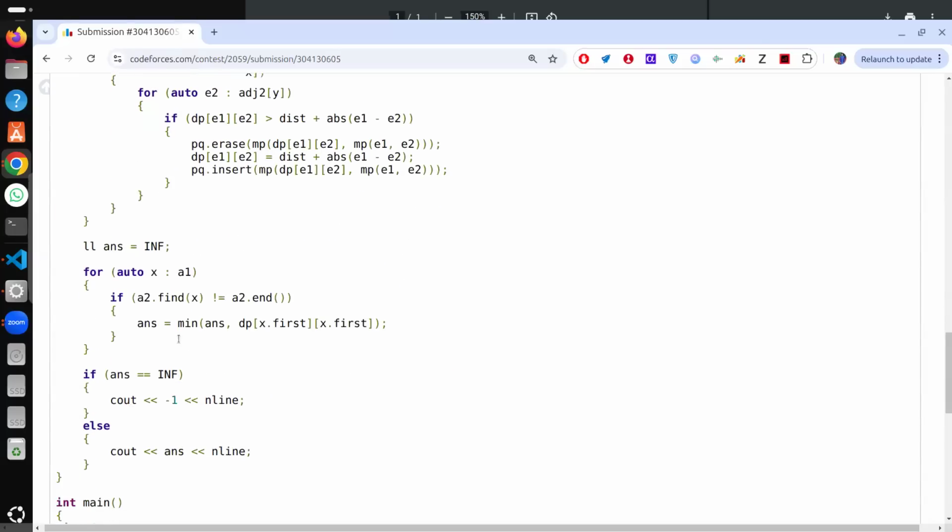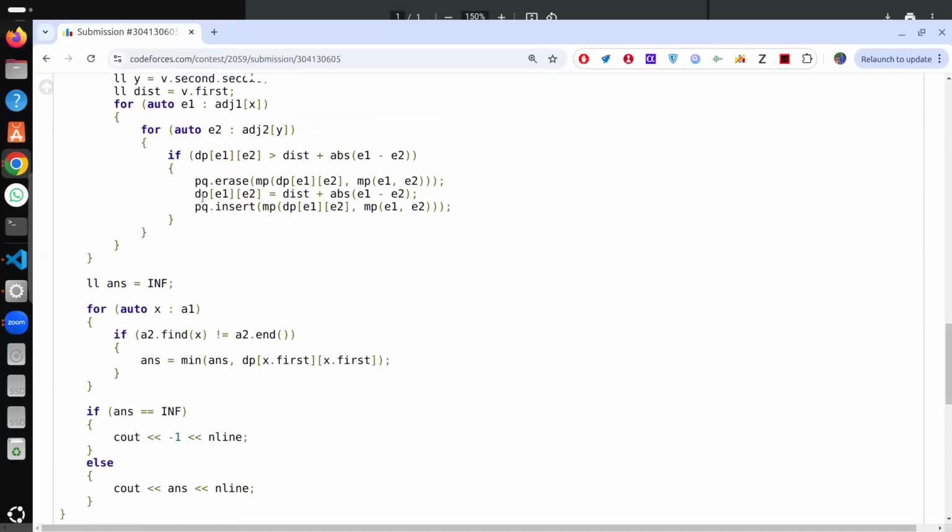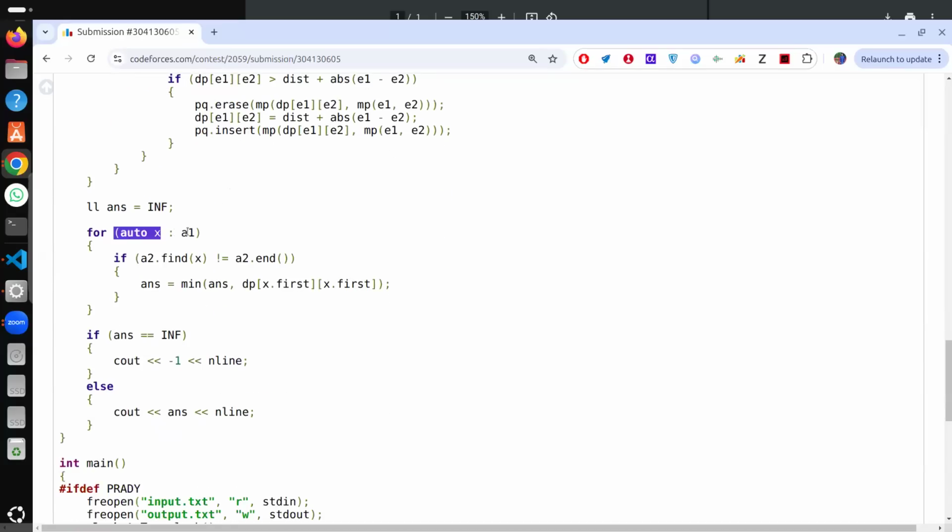And in the end, what I'm doing is iterating over all the edges of the first graph. If the second graph also has that edge, where x is a pair, then ans equals min of ans, dp of x dot first, x dot first.